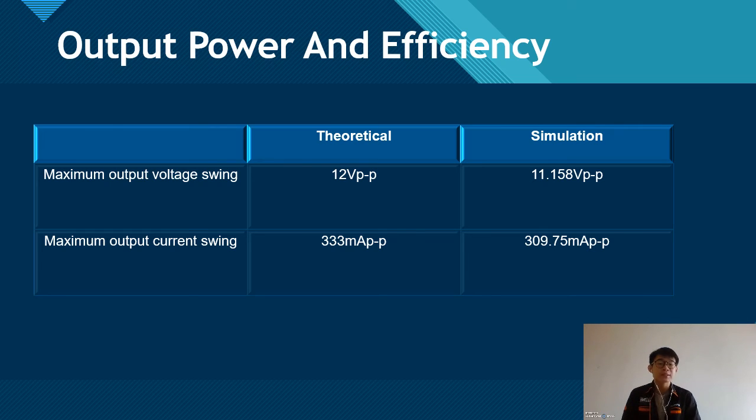For efficiency, since we assume that our power amplifier has maximum efficiency, the theoretical efficiency will be 25%, and the efficiency for simulation as shown just now is 22.03%. They are all approximately the same, and the differences may be due to the power losses which we did not consider when doing the calculation.